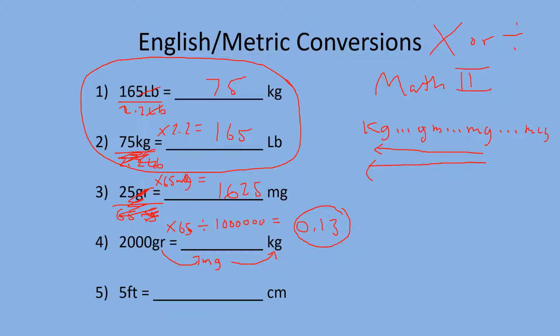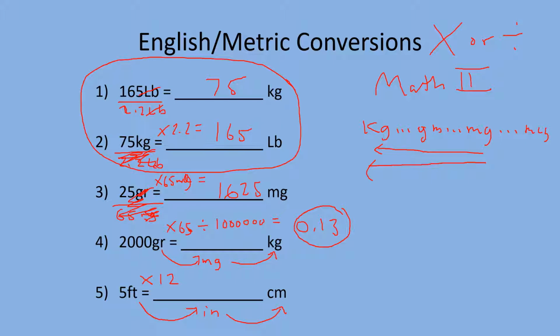5 feet. What can we convert feet to? Yeah, we've got to go to inches, and then from inches to centimeters. All right, 1 foot is how many inches? 12. Multiply or divide? Multiply, right? So there are 12 inches per foot.